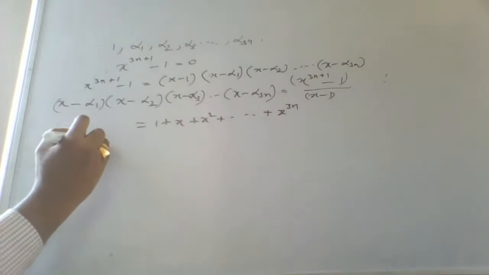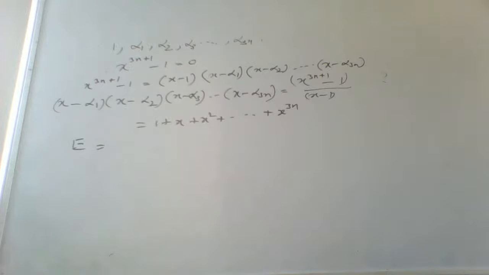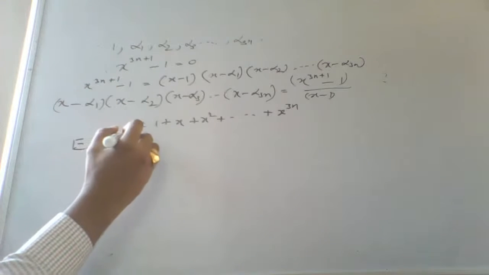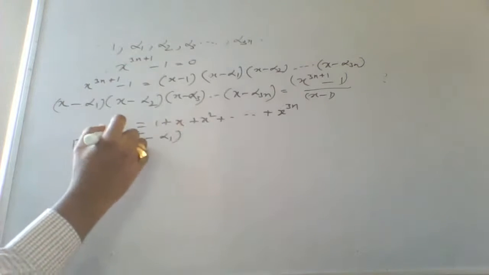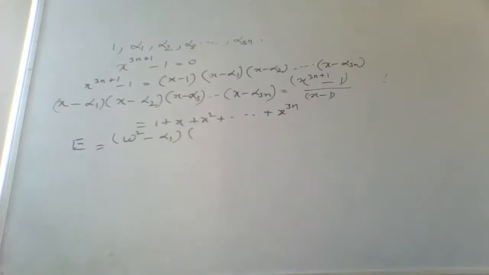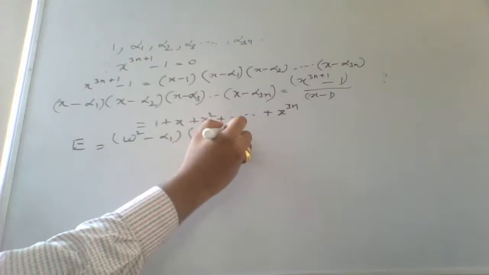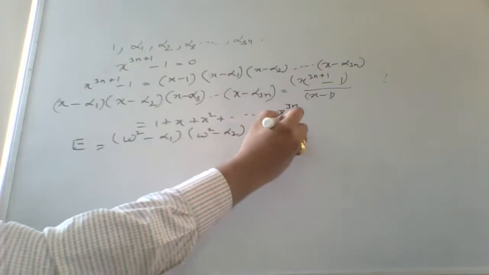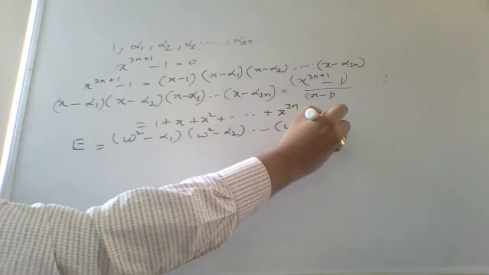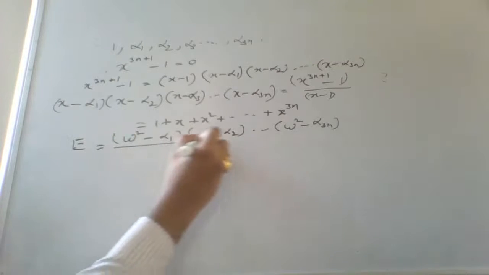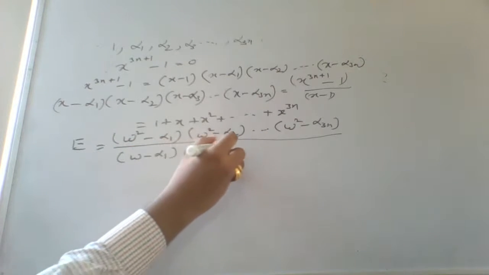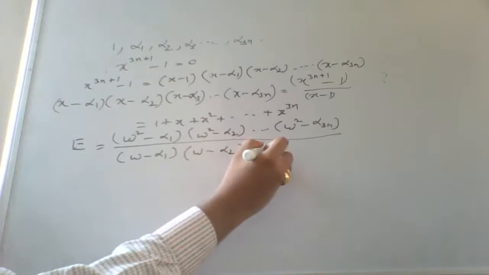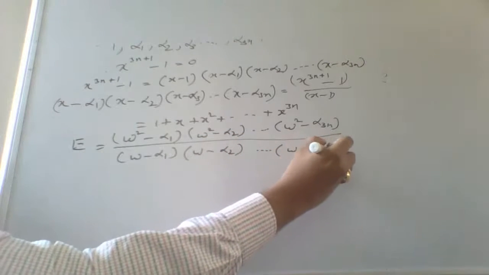Now if I consider e here, which is omega square minus alpha 1, omega square minus alpha 2, omega square minus alpha 3n divided by omega minus alpha 1, omega minus alpha 2, omega minus alpha 3n.